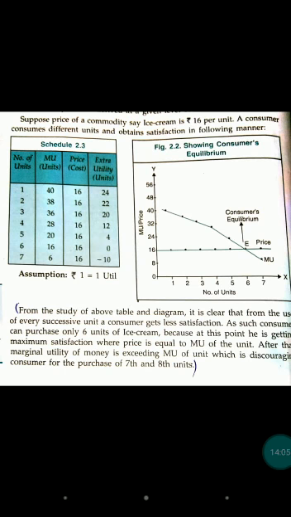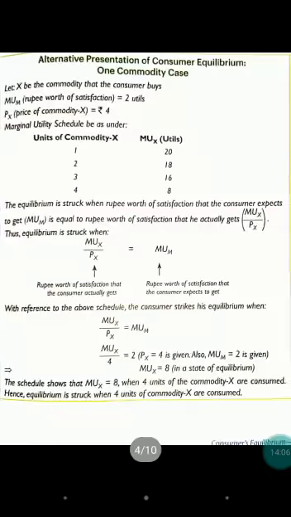I hope you understood. Now moving further, there is one alternative presentation of consumer equilibrium. Before this slide we discussed that the consumer gets equilibrium where MUX, the marginal utility of commodity X, is equal to the price of X. Here we are discussing MUX upon PX equals MUM.